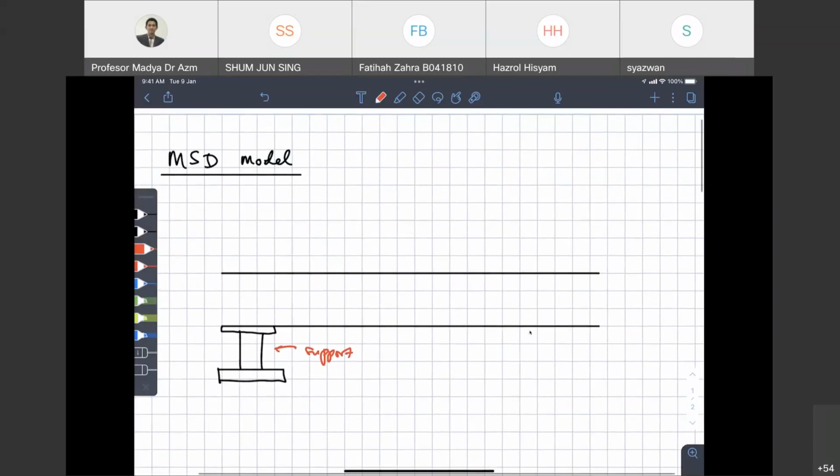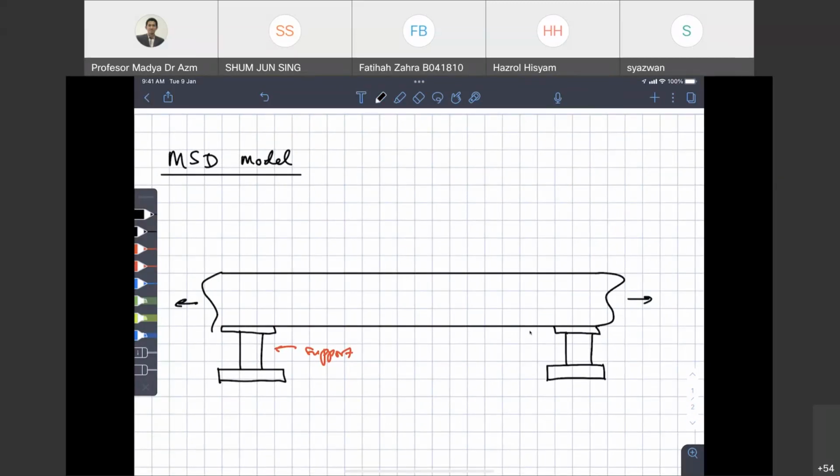It's just placing under the support. And this one is also resting. So that pipe is maybe continue. The length is continued, left and right.